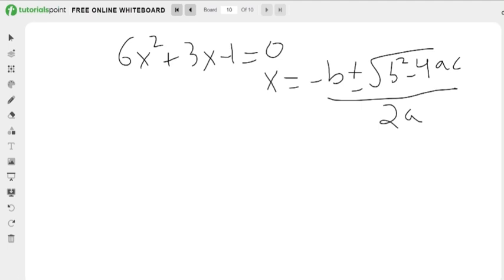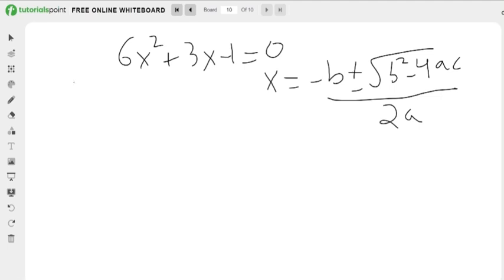In the formula, the a, b, and c values are being used. When I showed you the standard format of a quadratic equation, it was ax squared plus bx plus c. So the first step is to identify your a, b, and c values so you can plug them into the formula to find your x values that will make this equation equal to 0.